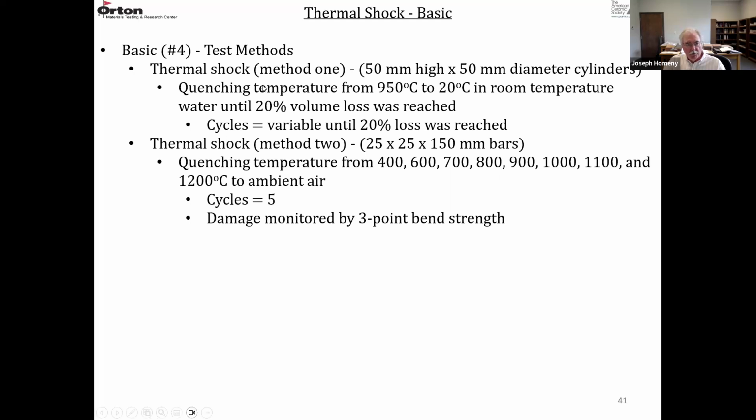So these are 2 typical ways thermal shock damage is measured: simply cycling a cylinder or a cube until it falls apart, so the more cycles it survives, the better it is. And then the quenching and getting a number, whether it's a 3-point bend strength number or a decrease in modulus or a decrease in sonic velocity, it's quantitative.